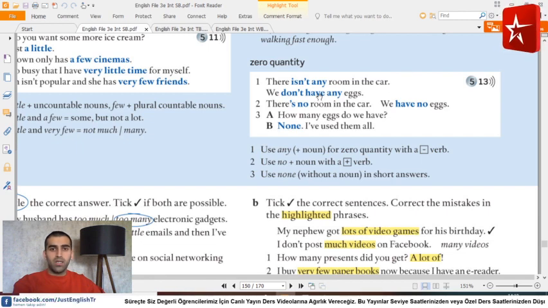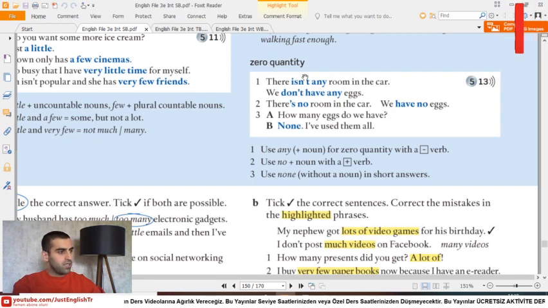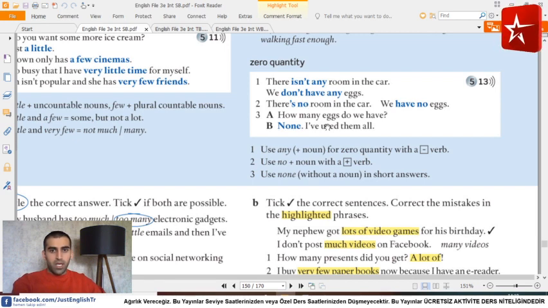Or we don't have any eggs. As you see, we use any in what kind of sentence? In negative sentences. Great. And rule number 2. There is no room in the car, or we have no eggs.